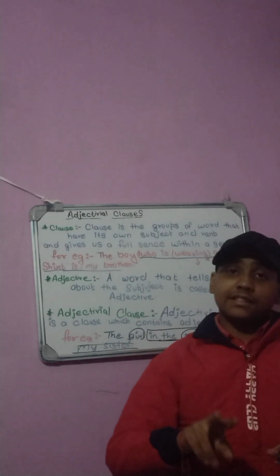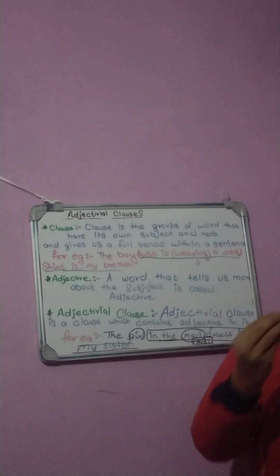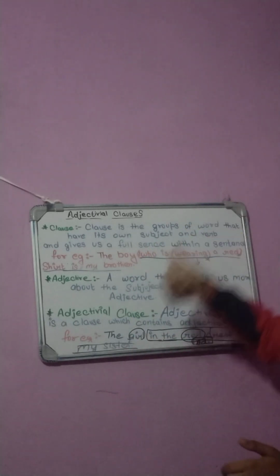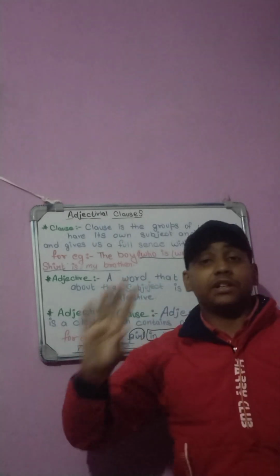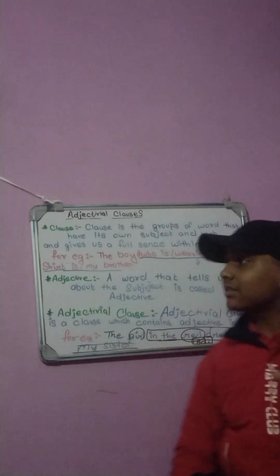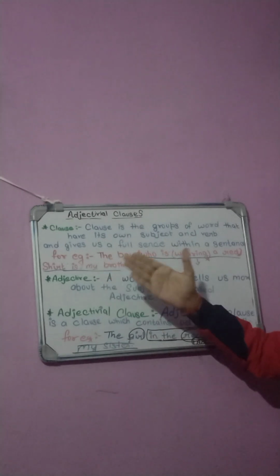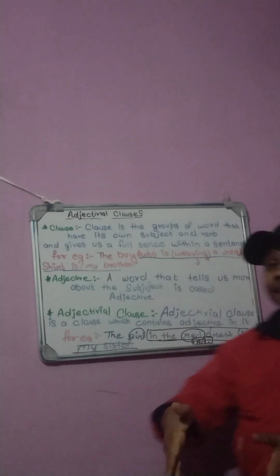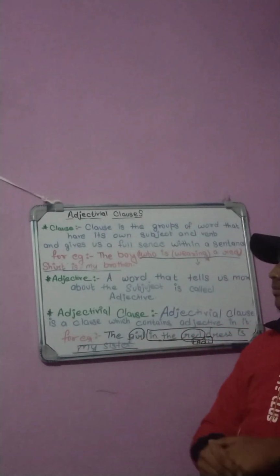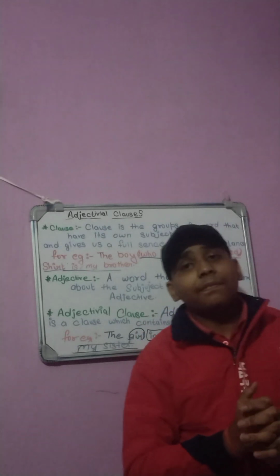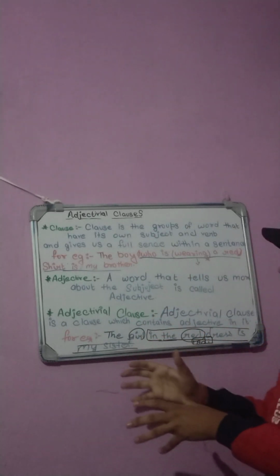A sentence is a group of words which gives us a sense, but a clause is a group of words that has its own subject and predicate or verb and gives us a full sense within a sentence. So it should be in a sentence, not an independent sentence.